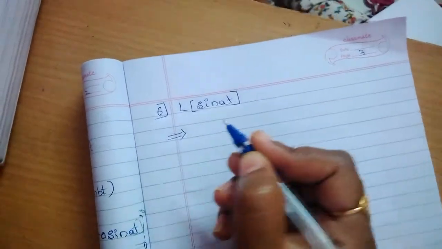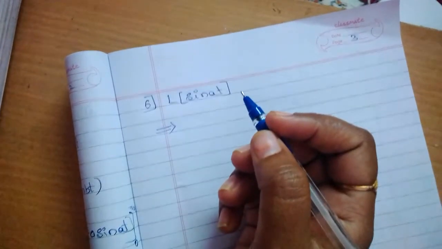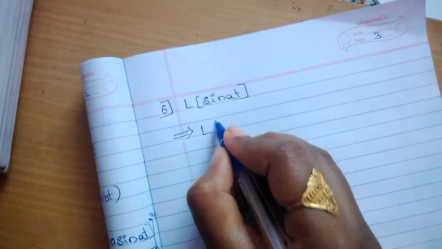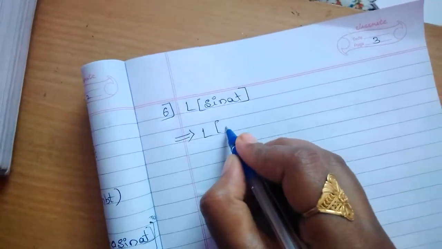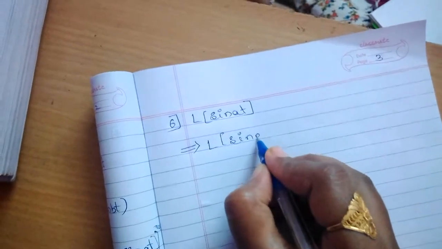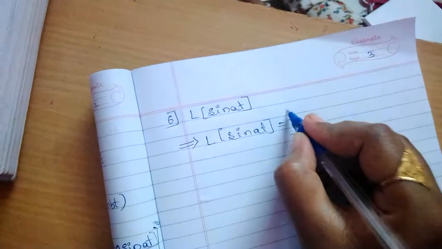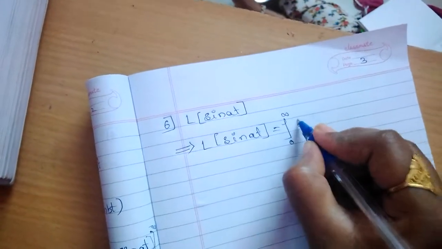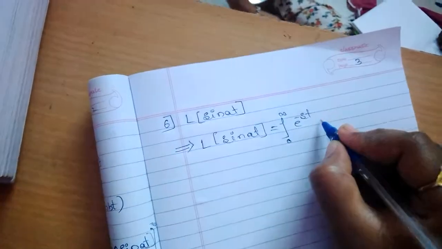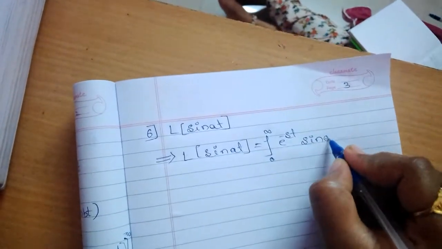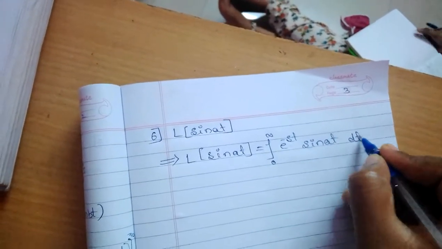Next one is Laplace transform of sin at. Similarly, as similar as cos at, Laplace transform of sin at is equal to, using the basic definition of Laplace transform, we get integral of e raised to minus st sin at dt.